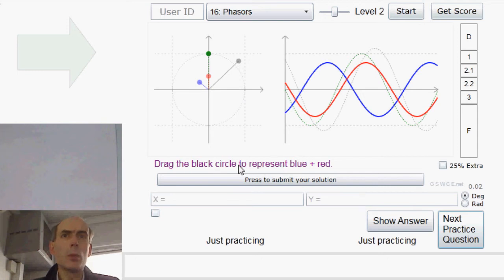So, we want to drag the black circle to represent blue plus red. Two ways of doing this. We could ignore these blue and red dots on the Argand diagram and just try and do it by looking at this waveform display.